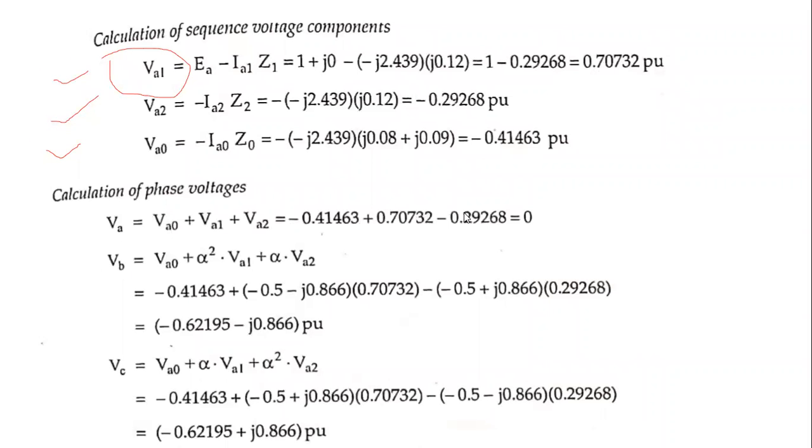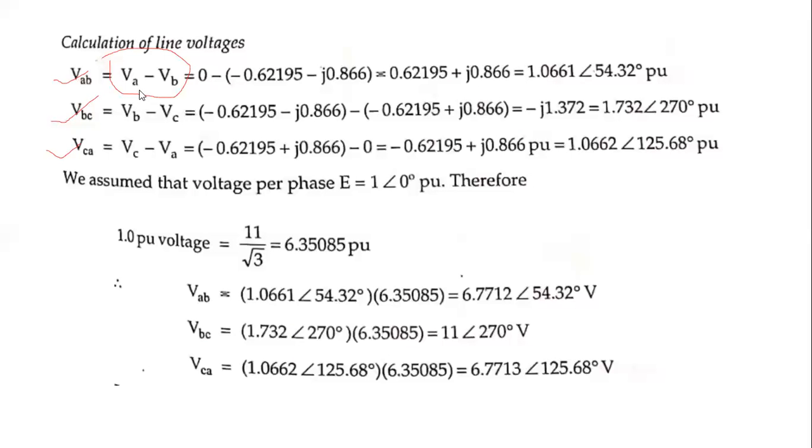What is the VA value? VA is equal to 0 and VB value is minus 0.62195 minus j 0.866. We substitute VA is equal to 0 and VB value is minus 0.62195 minus j 0.866.